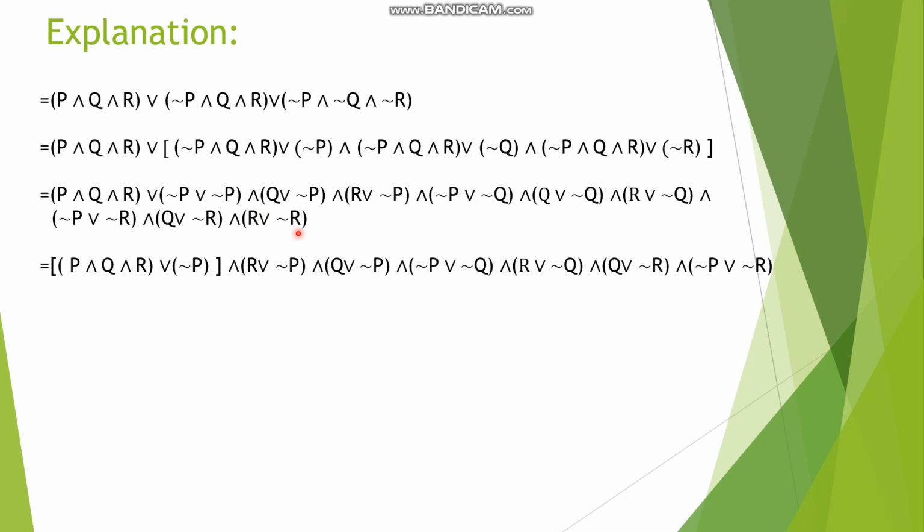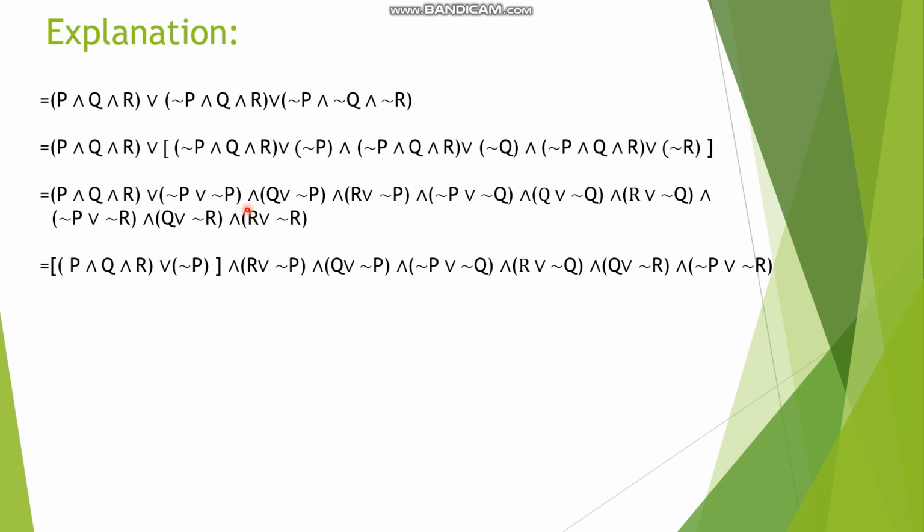Here we solved these small brackets, and the output of this whole statement comes in this output. Again for negation P, we use the distributive law and multiply with the first statement, and the remaining steps cancel.